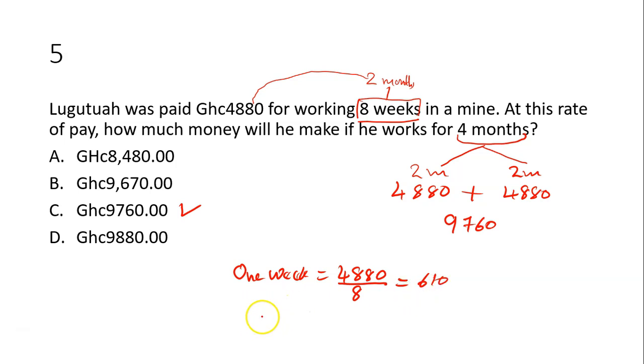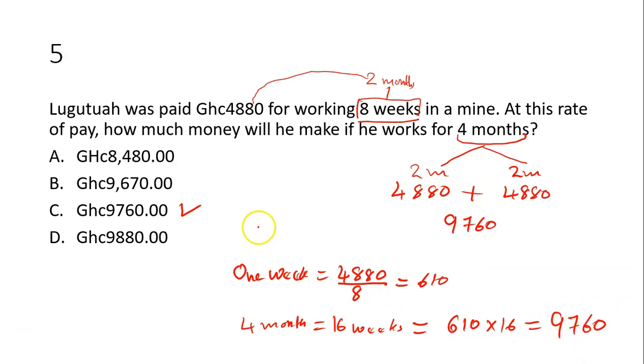Now, to get for 4 months, there are 16 weeks in 4 months. So to know the amount you earn for 16 weeks, which is 4 months, weekly amount, which is 610, times 16. So when you take 610 times 16, you get the same thing, 9,760. So this confirms it that the correct answer for question 5 is C. So let's proceed to the next question.